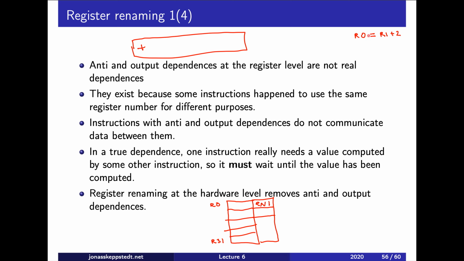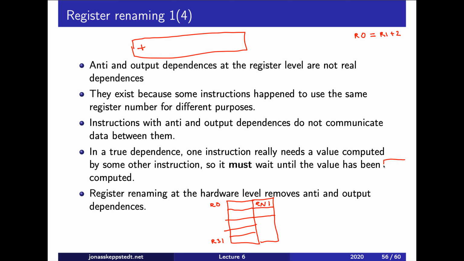Then we can have another instruction. And what this means is that this instruction will write the value, the sum here, into this register. So we have this array with normal 64 bits plus another field which says which rename register is used.